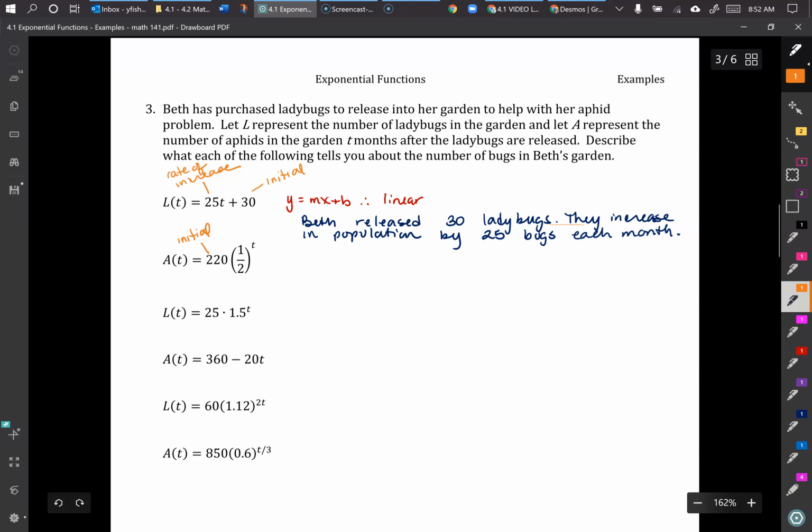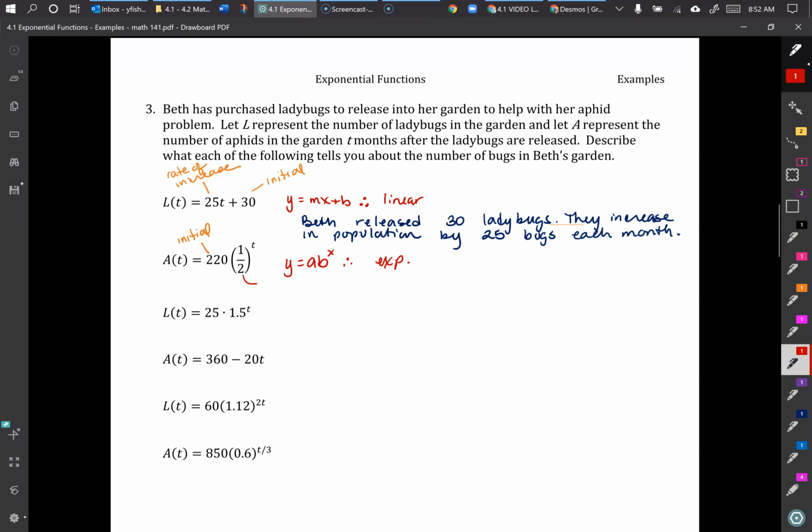I know it's exponential because it's in the form y equals ab to the x, right? So therefore, these three dots mean therefore exponential. I know that my base, it's a rate, right? So I have a half, it's the base of an exponential, right?